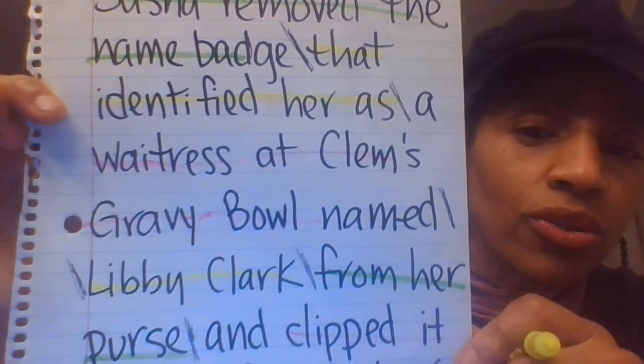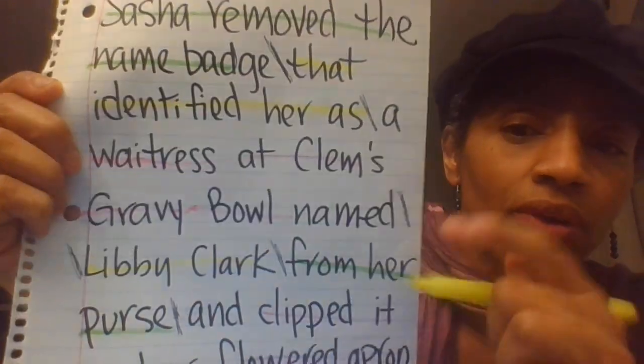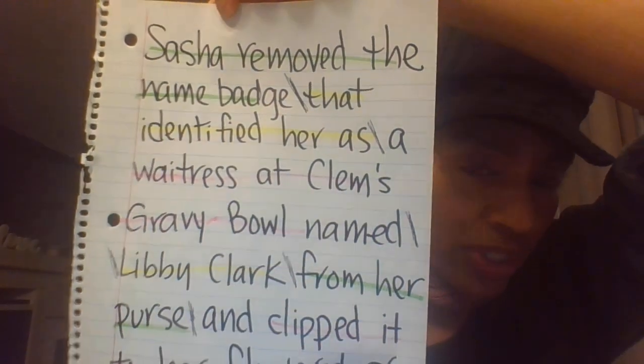The next one is that identified her as. And who did it identify her as? Libby Clark. So Libby Clark is yellow, as is identified her as. To rework these sections of the sentence, we're going to pair them up so it makes sense.